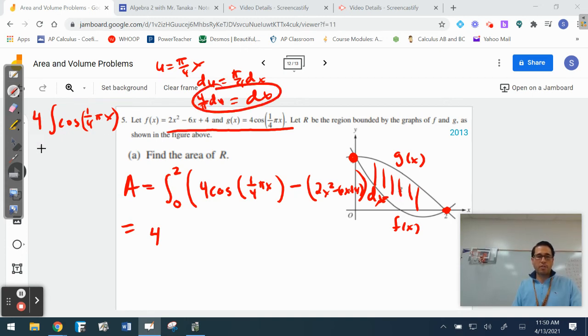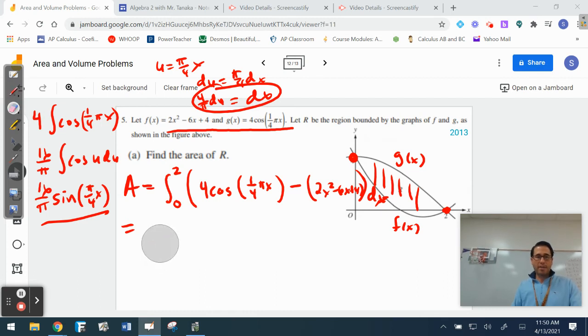So I'm going to substitute here. I'm going to bring the 4 over pi out here with the 4, which gives me 16 over pi. And then I'm going to rewrite this as just cosine u du. And the antiderivative of cosine u is just sine u, but I'm going to plug the u back in, and then I'm donezo, and I beautifully have the antiderivative.